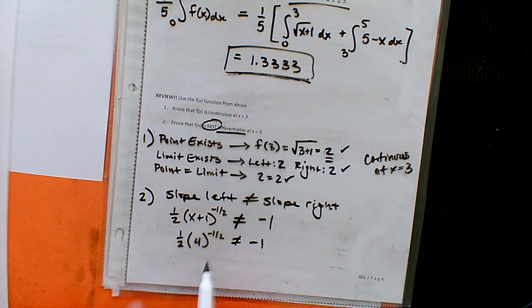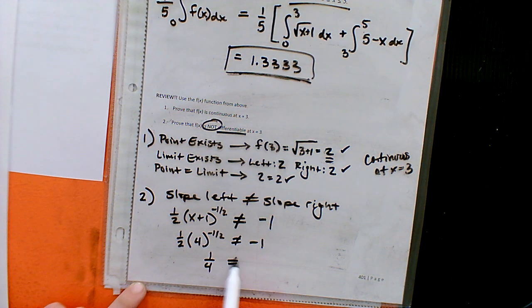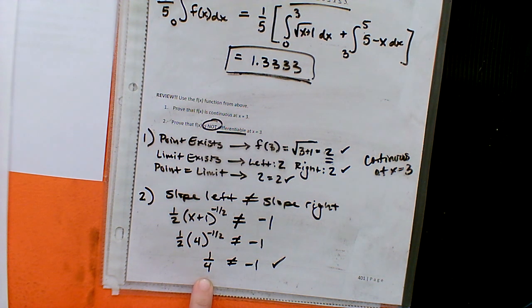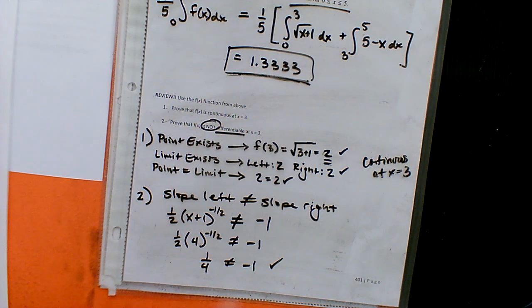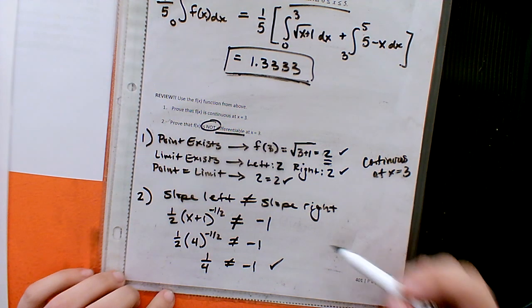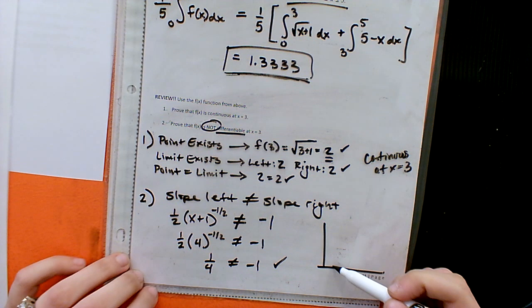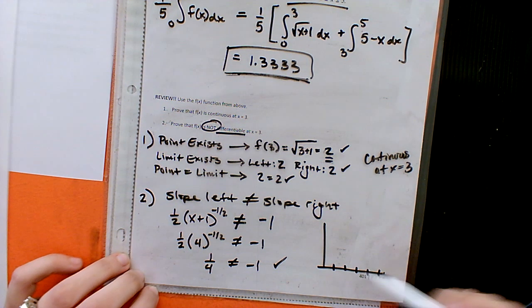So 1 over 2 times another 1 over 2, we'll get 1/4. Clearly, they're not differentiable. So if the slope from the left is 1/4 and the slope from the right is -1, what's happening at this spot of 3? Sharp point, endpoint, vertical slope. Sharp point.